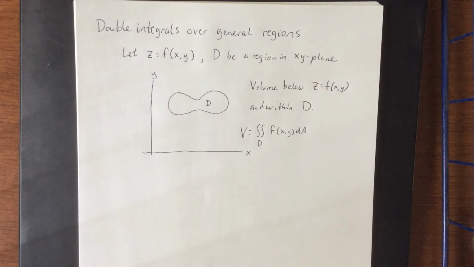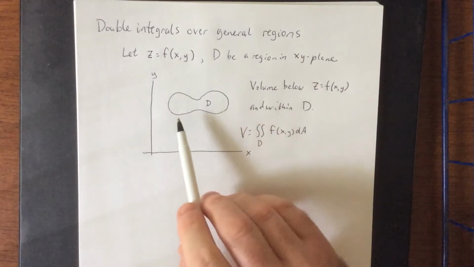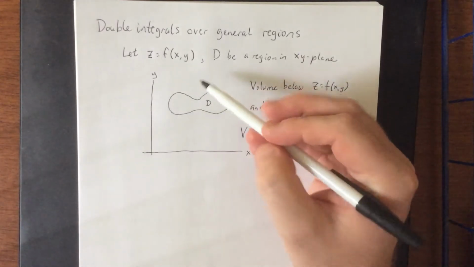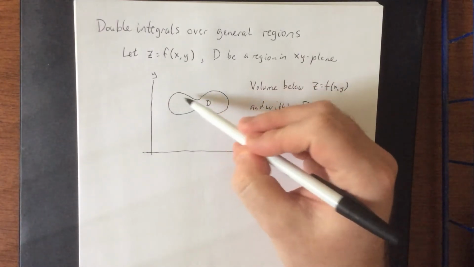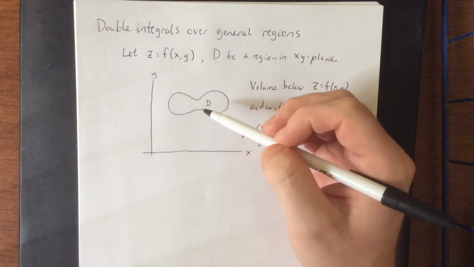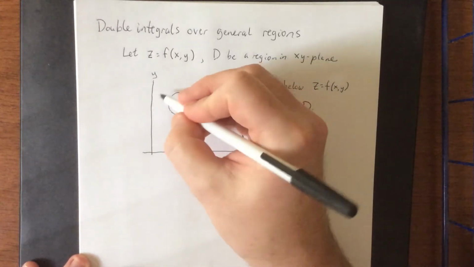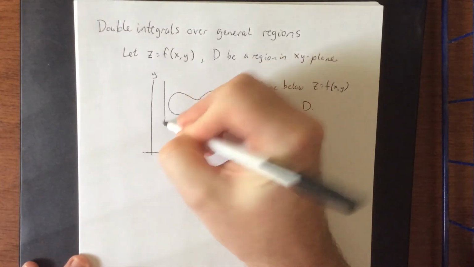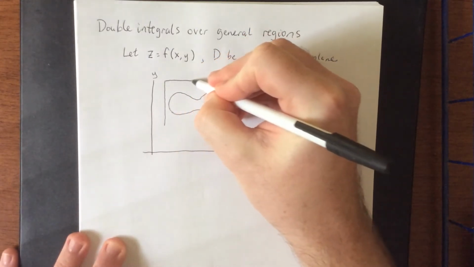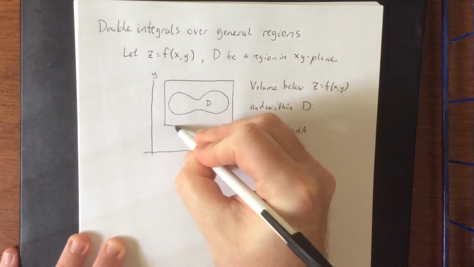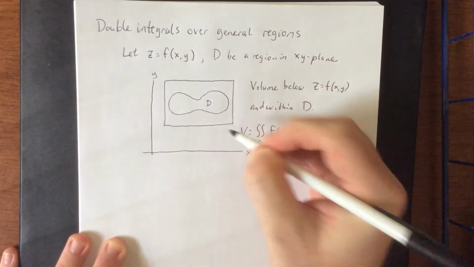Now, the unfortunate thing that we have associated with this is that we can't necessarily slice up D into a bunch of little subrectangles because we have this boundary around it where we're not necessarily going to get a rectangular shape. Now, because we do know how to find the volume over a rectangular region, one quick fix that really does absolutely nothing to let us know how this takes place is we can define a new function and a new region.